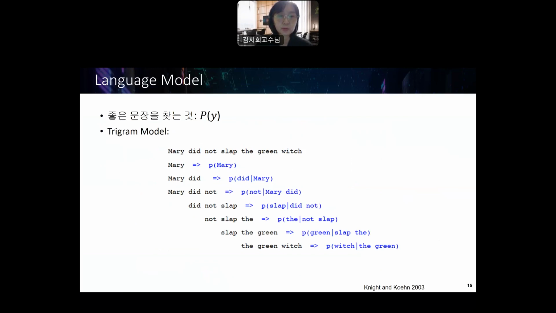So if there's one word, it's just the probability of Mary. If there are two words, then it will be the probability of seeing "did" given Mary. And then we have trigram, probably "not" given Mary and did, and so on. We calculate all these probabilities and try to find the word orders that maximize this probability. Right? The trigram probability. And this probability is computed based on the English corpus, with many English sentences.